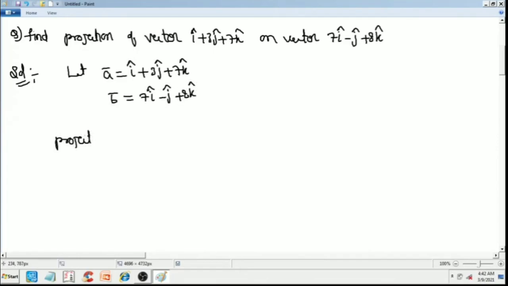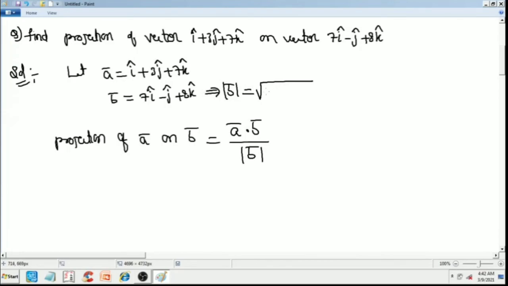Projection of a on b bar is a dot b by b modulus. First find the b modulus. B modulus is the root of i coefficient square plus j coefficient square plus k coefficient square. So 7 7s are 49 plus 1, 8 8s are 64. Result comes out to be 114.